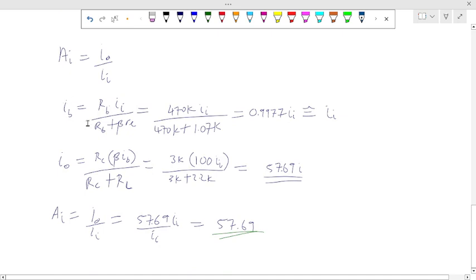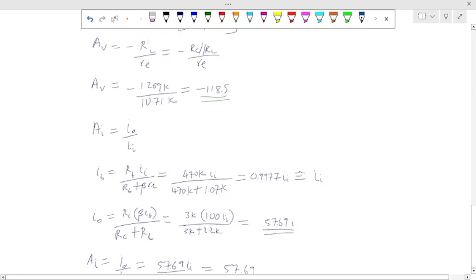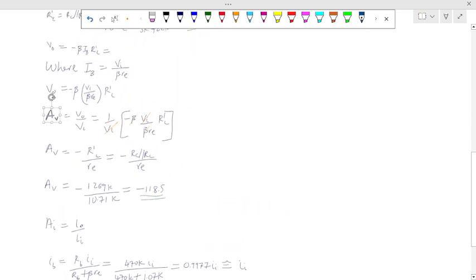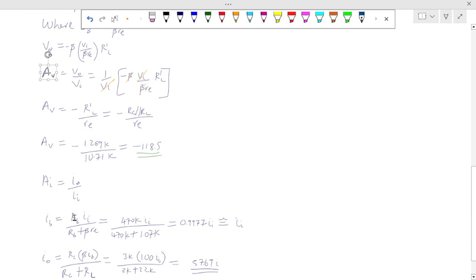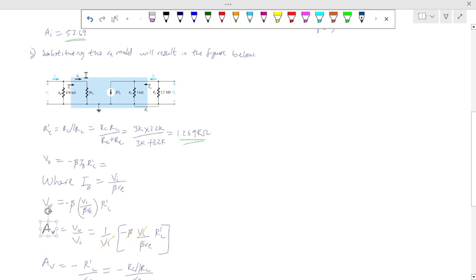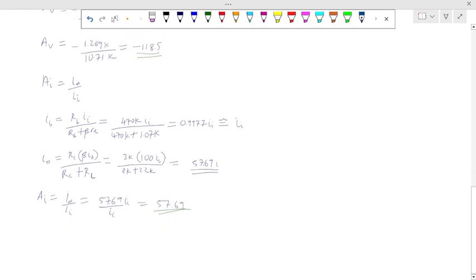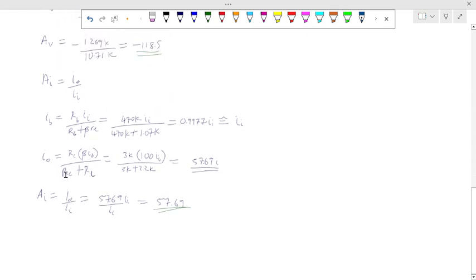Now we have already done the analysis of this guy, how we got this using the current divider rule. So IB, which is at the input side, is the total current II multiplied by the resistance at that point, ROB, divided by the sum total resistance, ROB plus beta ROE, and just plug in the values, you get this.